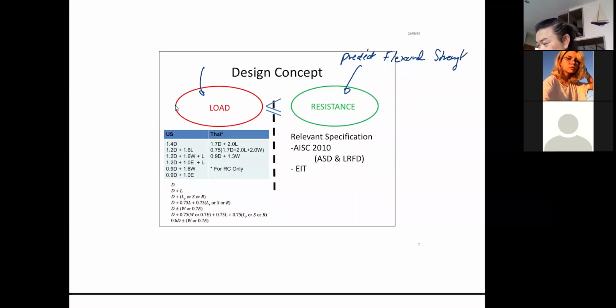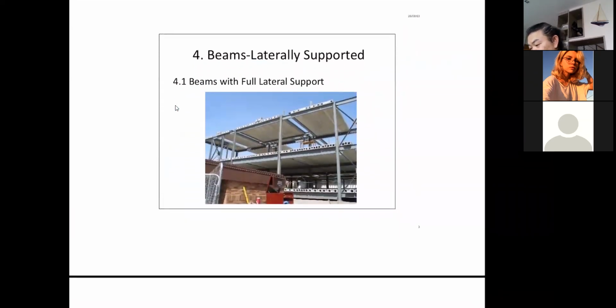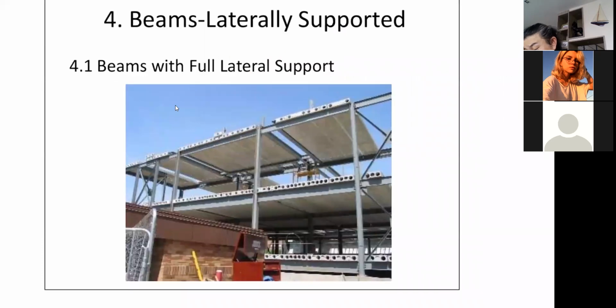But before we do that, we need to understand the behavior of steel under flexure first. Now, let's say you put some kind of a floor on the beam like this. This is the hollow core.